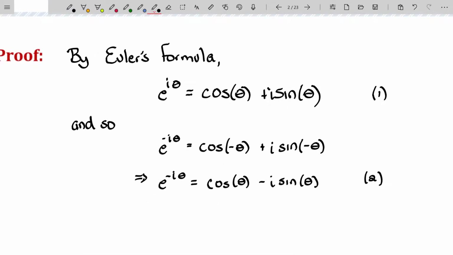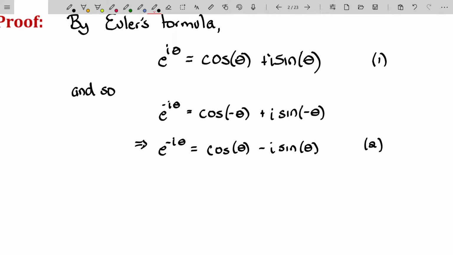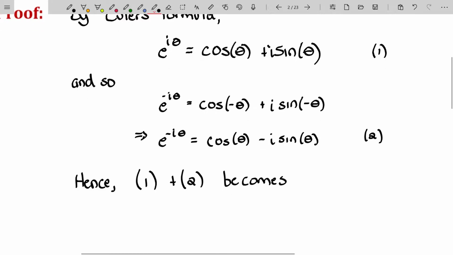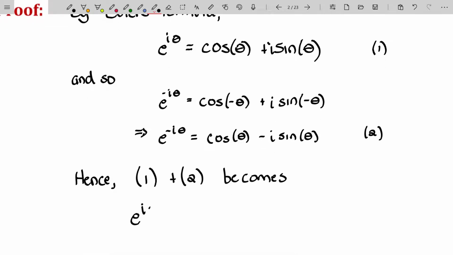What we're going to go ahead and do is add formula 1 to formula 2. Hence, 1 plus 2 becomes, let's see, we'll have e to the i theta on the left-hand side plus e to the negative i theta. So that's the left-hand side when you add this first formula to the second formula.